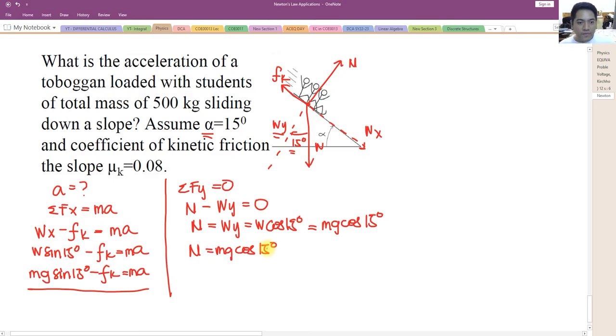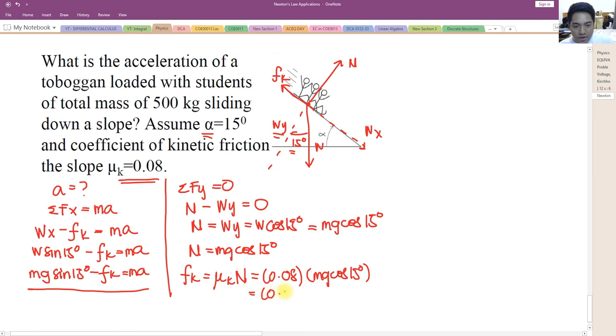If we know the normal force and the coefficient of kinetic friction, we can get the Fk, because the kinetic friction is simply the coefficient of kinetic friction multiplied by N. So you have 0.08 times mg cosine of 15 degrees.